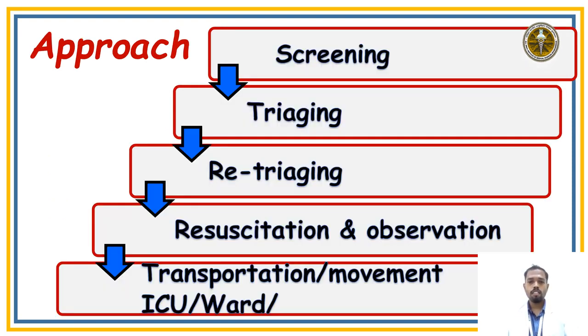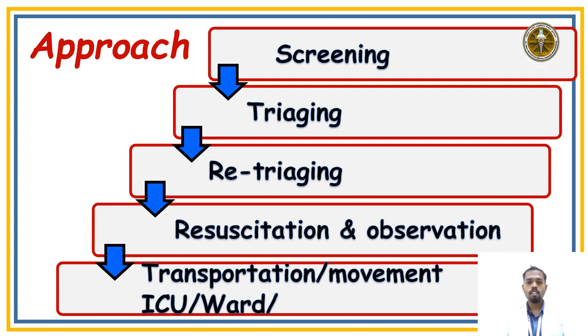To approach the patient coming to the Department of Trauma and Emergency, we have a total of 5 scenarios, starting from screening. Once the screening is over, the patient may move on to triaging, and once that is over, to re-triaging, resuscitation and observation.